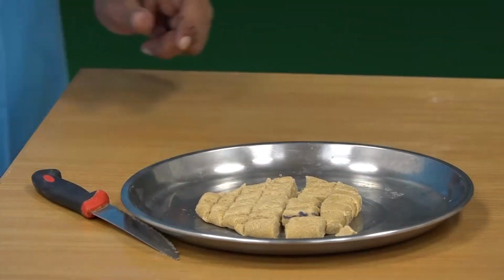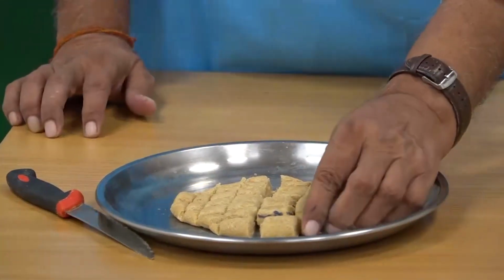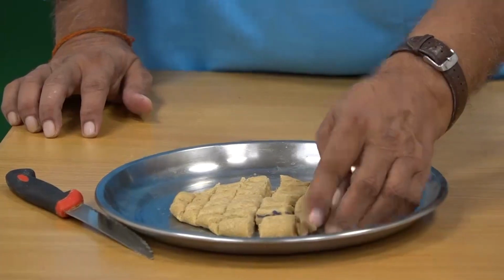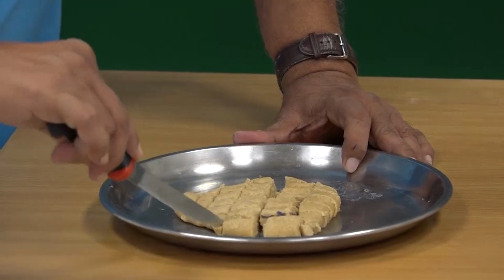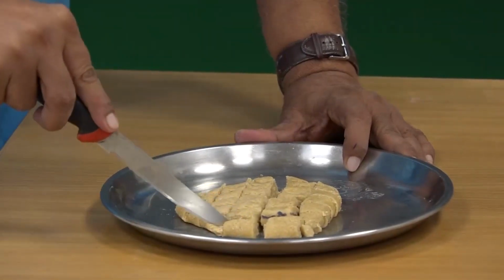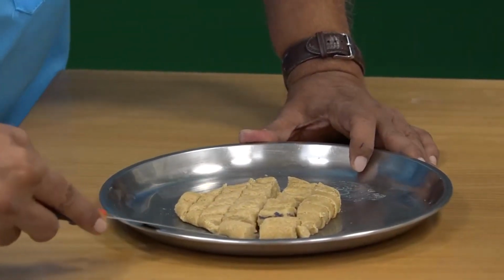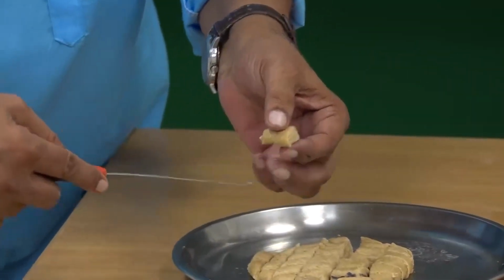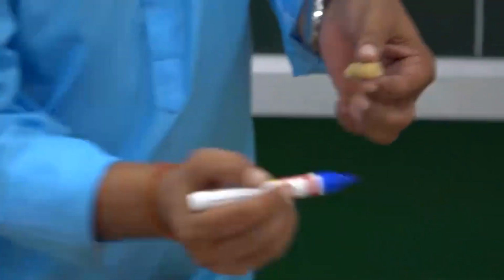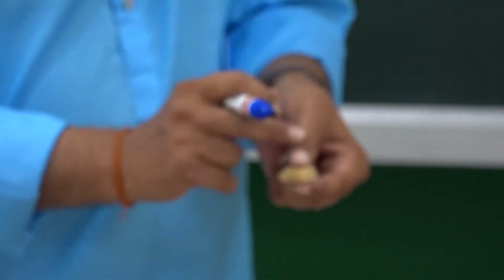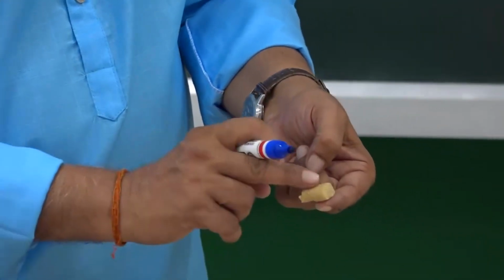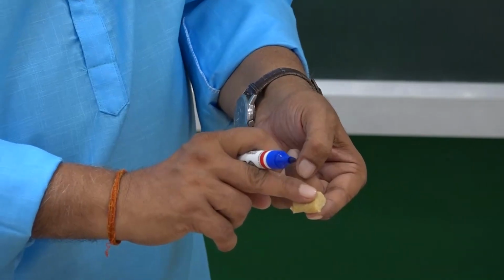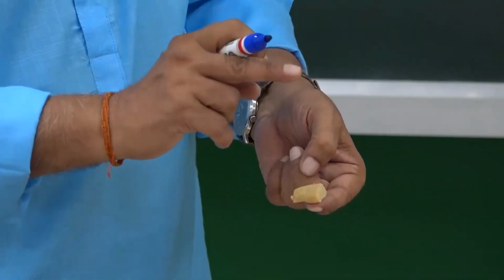Now what happens to this particular one which is sitting at the end? Suppose I take this particular one. This is also magnetized, this also has a magnetization, a dipole moment, and the magnetization is in the upward direction.